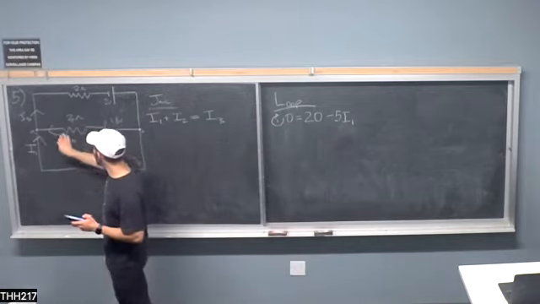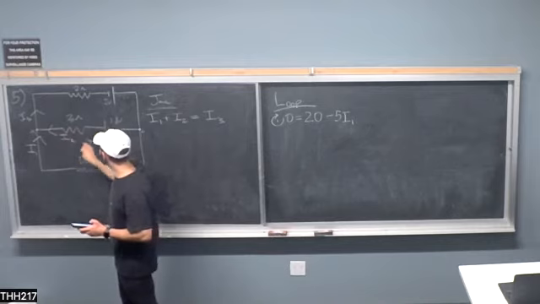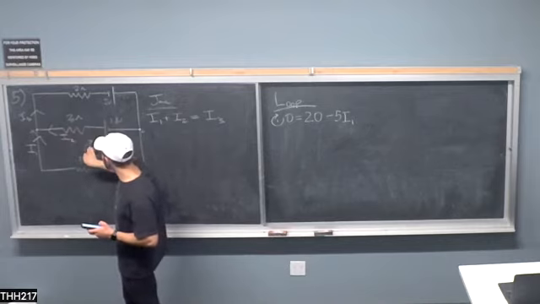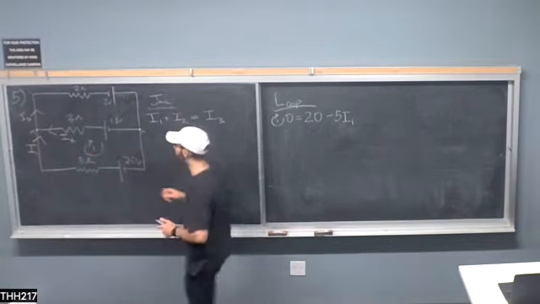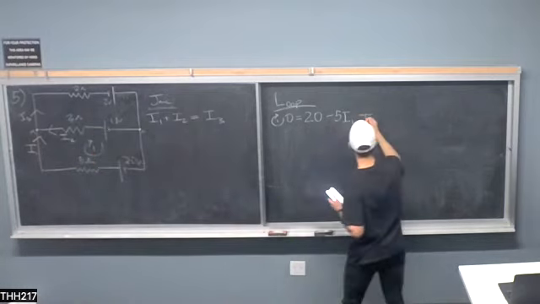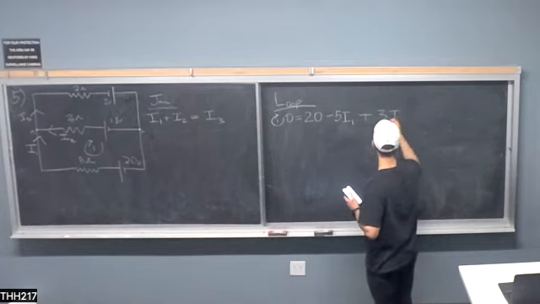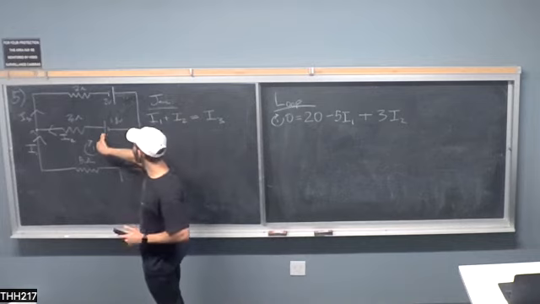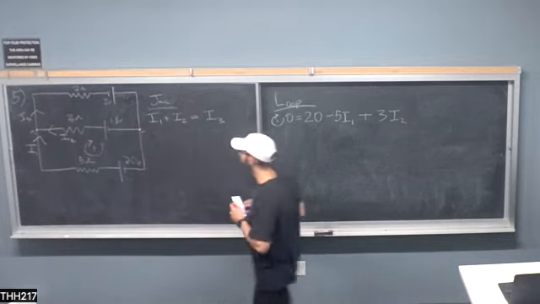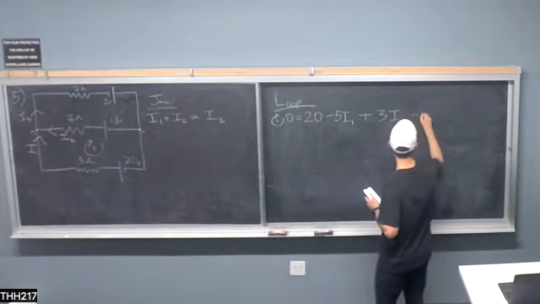We continue up this way. We hit I2. Here, the direction of the current I2 is clashing, bumping into each other with respect to what we define as the loop. Therefore, plus 3 I2. We continue along. Our loop hits the positive terminal of the battery first. Therefore, it's minus 18.